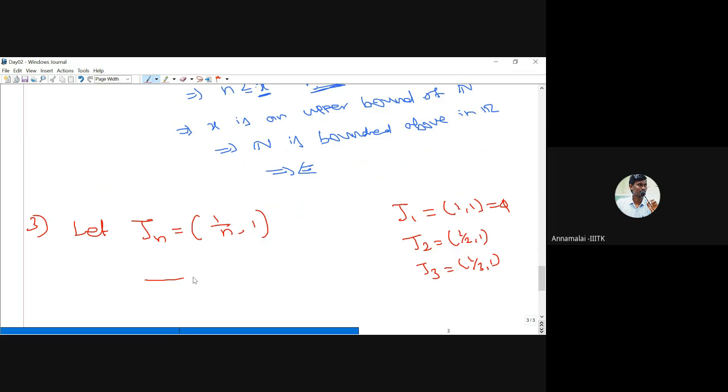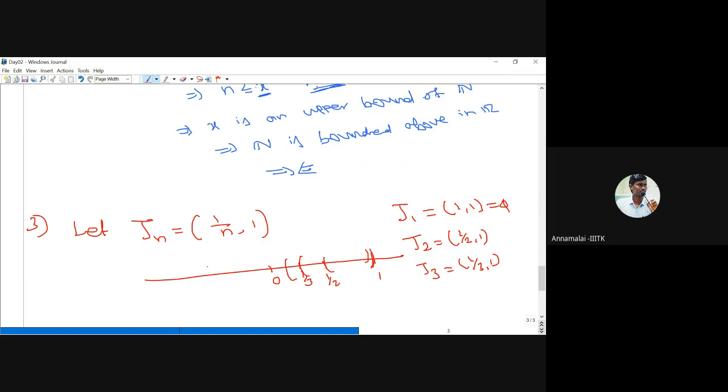So for example, look at the graph. This is 0 and this is 1. This is 1 by 2, so this is J2. This is 1 by 3, and this is J3, J4, J5 and so on.